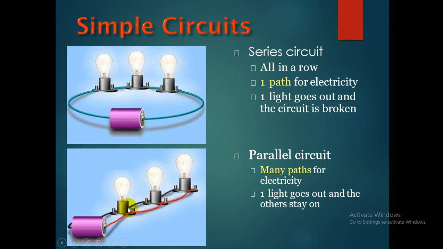Here we can say this is a parallel circuit, and here the battery is supplying the power to the three bulbs, but these three are connected in parallel manner. This is the positive terminal of the battery, this is the negative terminal of the battery. This supplies the power like this.